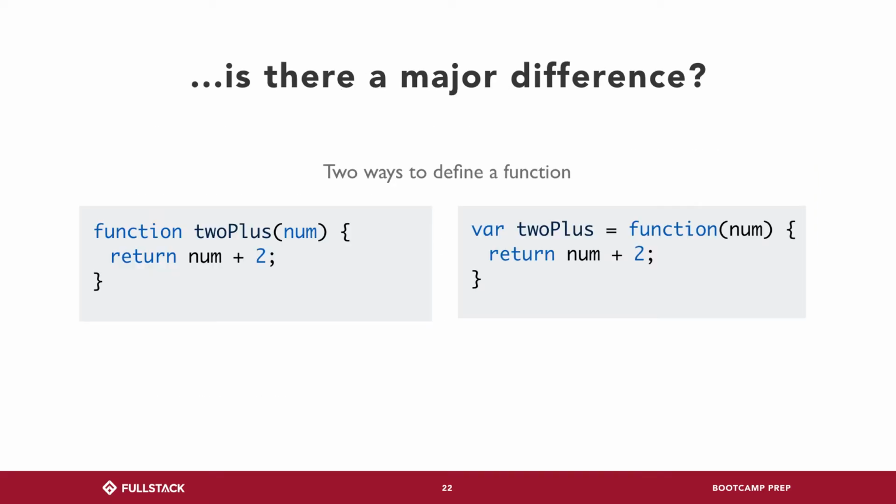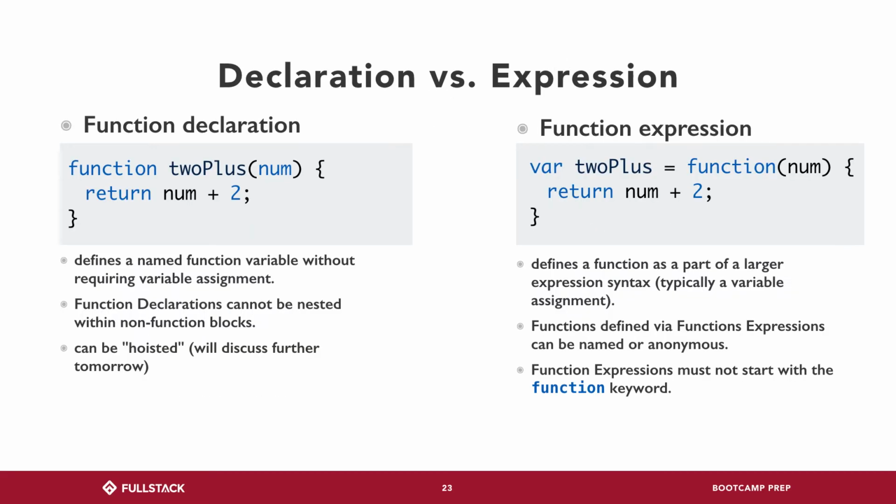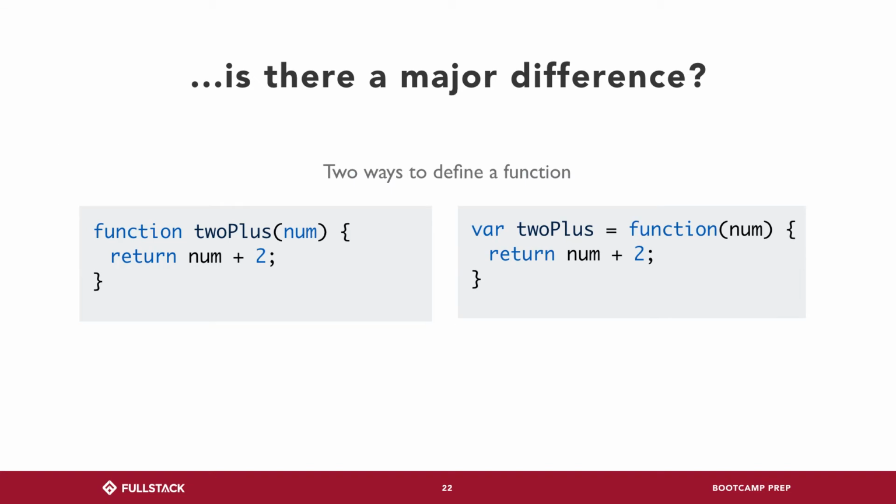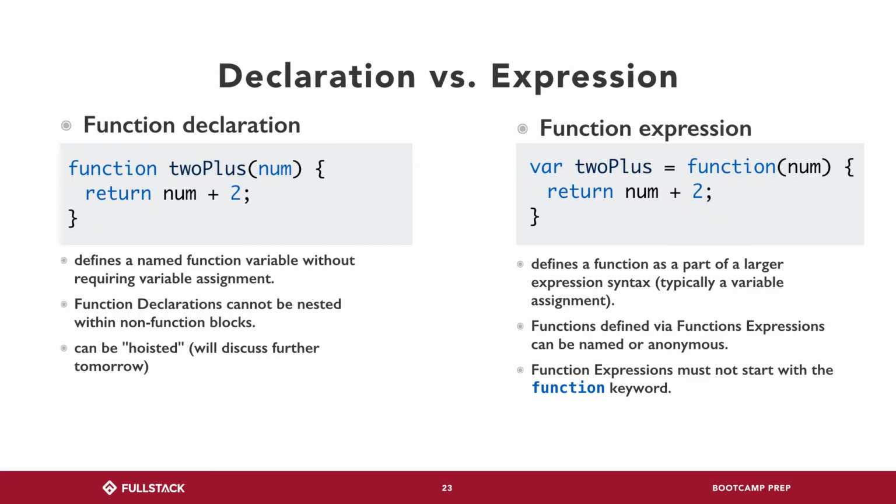One key thing to note is, or actually, before we go there, there are 2 ways to define a function. There's declarative and expressive. Is there a major difference? Kind of, not really. It's really up to you. In both cases, these are valid ways to define a function.